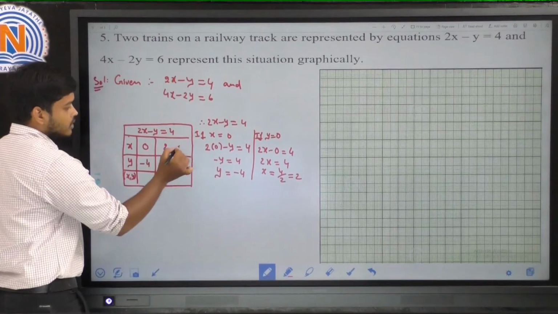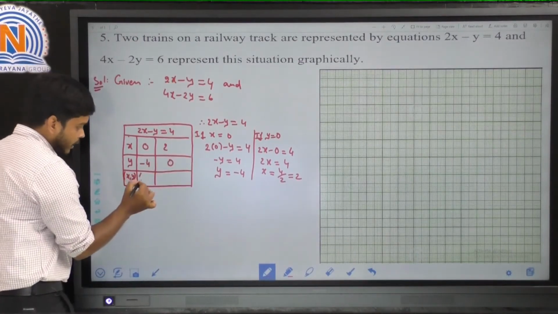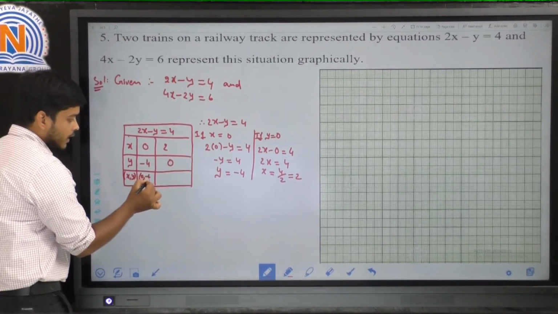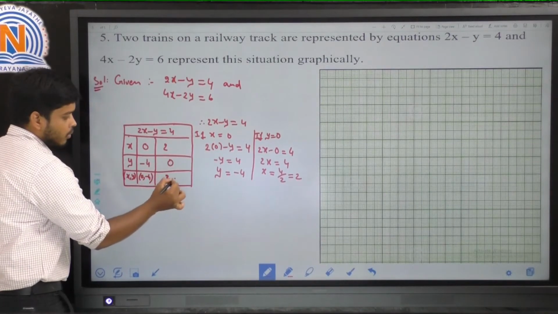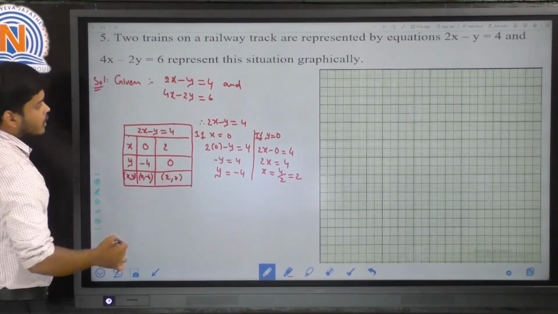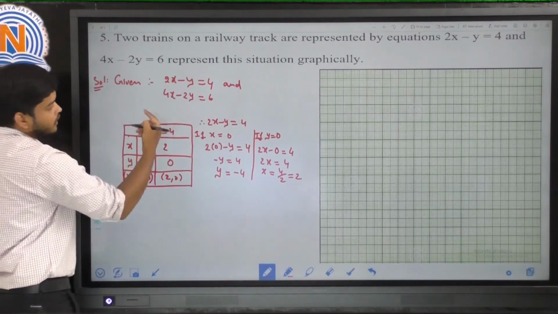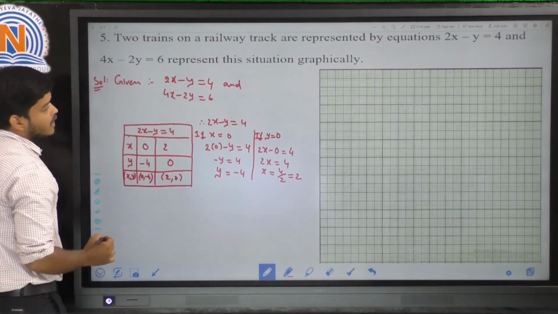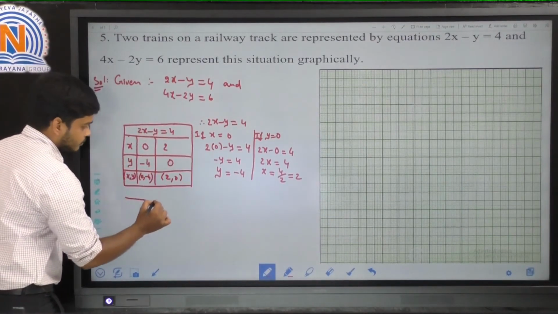So the x value is 2. See the coordinate points: 0 comma minus 4 and 2 comma 0. Now I'm taking the coordinate points for the equation 4x minus 2y is equal to 6.